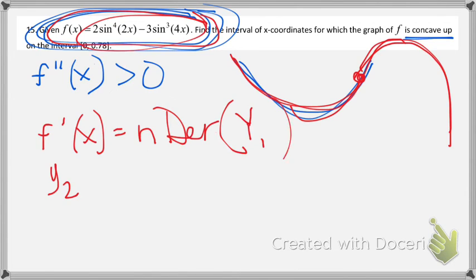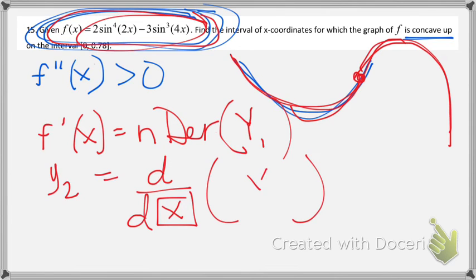Now, when you pull up n derive, which is math 8, it's going to give you that derivative symbol. What you're actually going to plug in there is the derivative with respect to x of y1 evaluated at all values of x. You're going to put that into y2 and graph it.